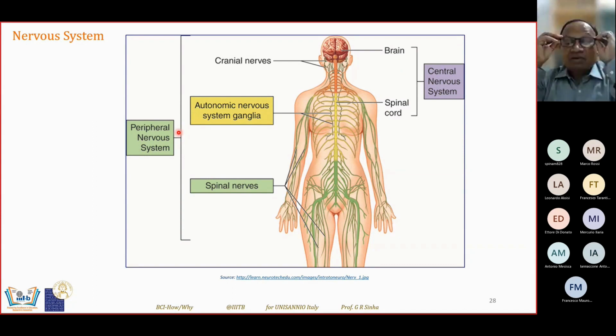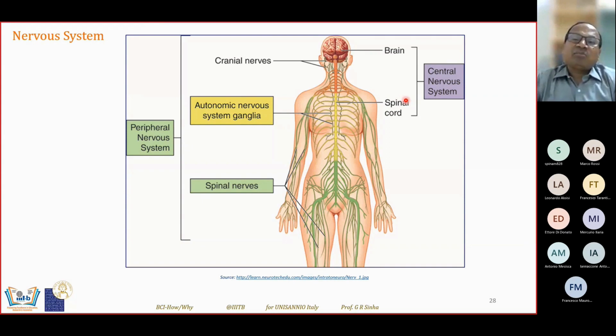Remember, when we are talking about the interface, the central nervous system is inside the brain, and it is connecting with the outside world through what is called the peripheral nervous system. So we need to understand its functionality, and that's the idea of discussing all these things. This is the nervous system where you can find brain and spine, and it's not only brain disease.